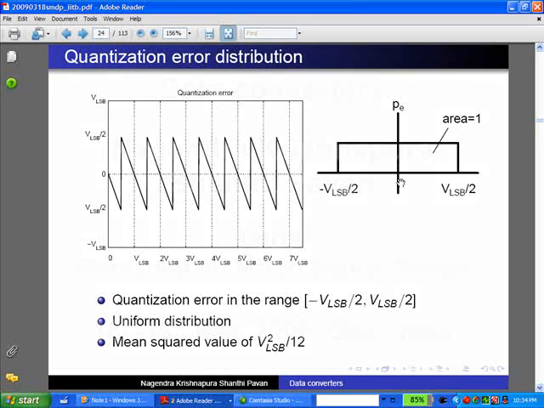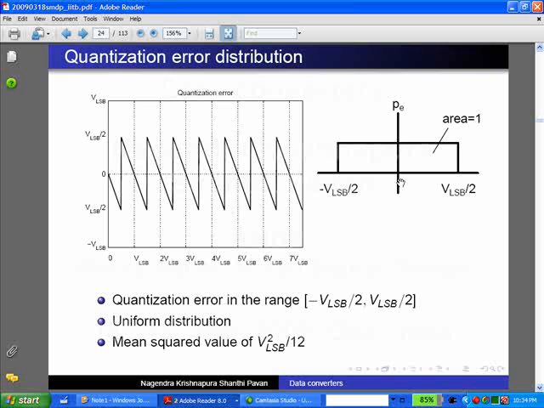So this can be simulated or seen. I didn't say anything about uncorrelated. I'm only saying it is distributed uniformly.